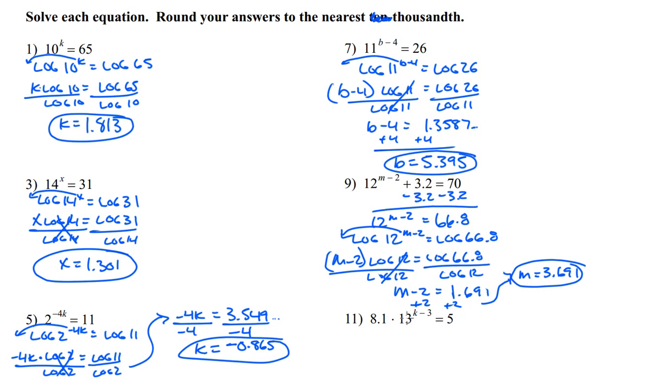Okay. Last one here is 8.1 times 13 to the k minus 3 equals 5. First thing we want to get rid of is that 8.1. It's being multiplied, so to undo multiplication, we divide both sides by 8.1.